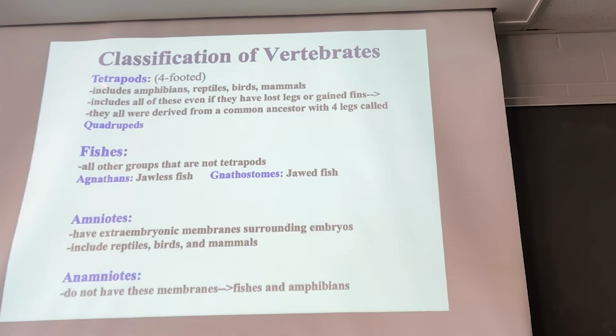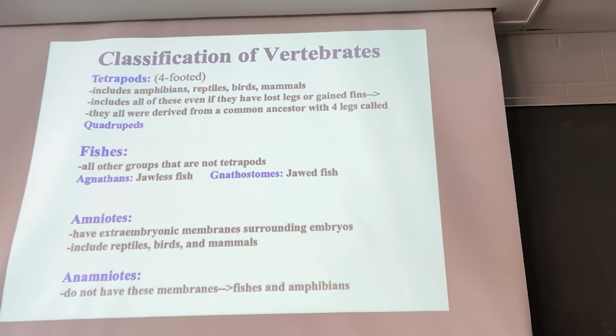The Greek and Latin derivatives of this are four-footed. Another way to think of tetrapods, they're all terrestrial, right? TT: tetrapod, terrestrial, those that live on land. They include four major clades: amphibians, reptiles, birds, and mammals. In reality, it's amphibians, reptiles, because birds are reptiles, and mammals, but I still teach them separately. So those are your four major groups of tetrapods.